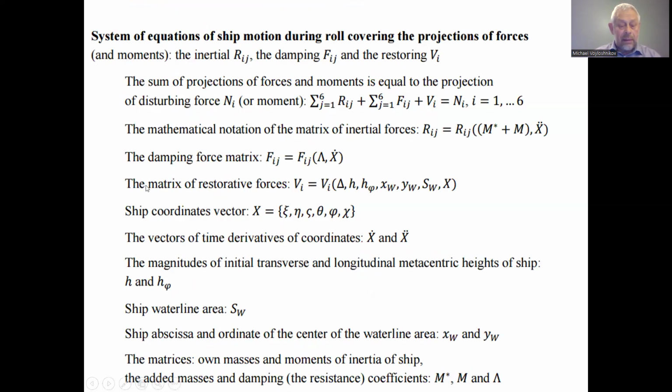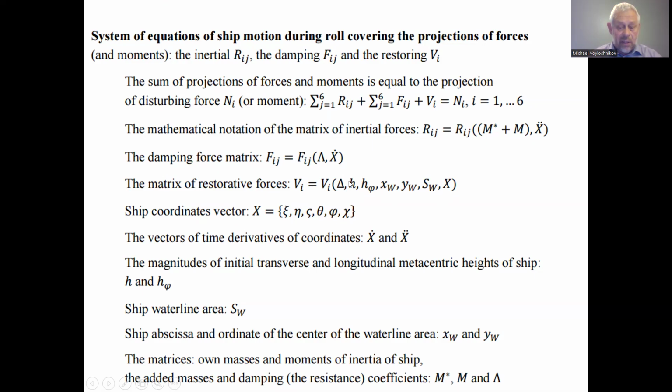And the matrix of restorative forces we consider as well. The matrix usually is a dependence of the listed arguments, like this is the displacement of ship, the mass of the ship. And this is the initial metacentric height for the ship heel. What's that? This is a vertical distance between the center of ship gravity location and the point of center of ship rotation when heeling.